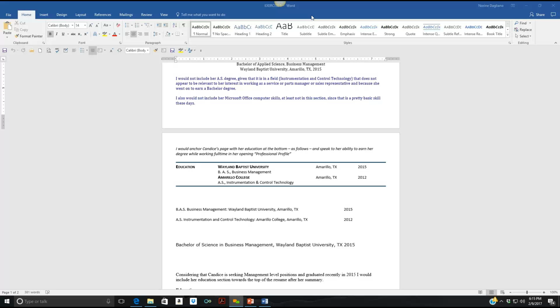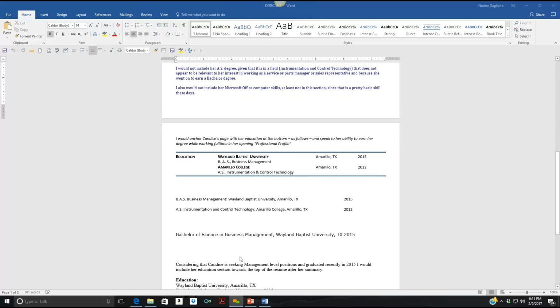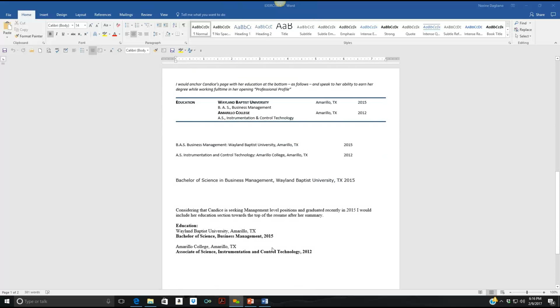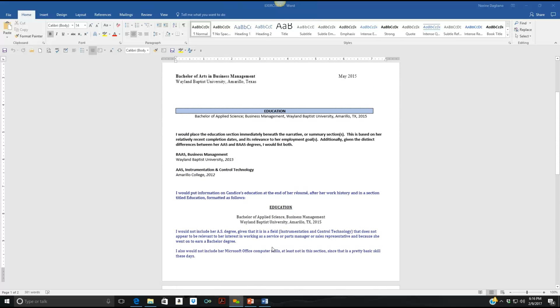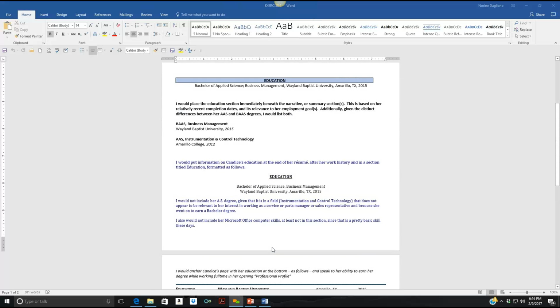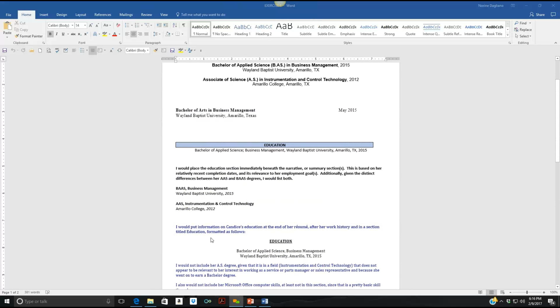What we don't like is this example where it says Bachelor of Science in Business Management. It would be much better to say Bachelor of Science, comma, Business Management. Another one you don't want to do is Bachelor of Science degree in. So the main thing is keeping it concise.